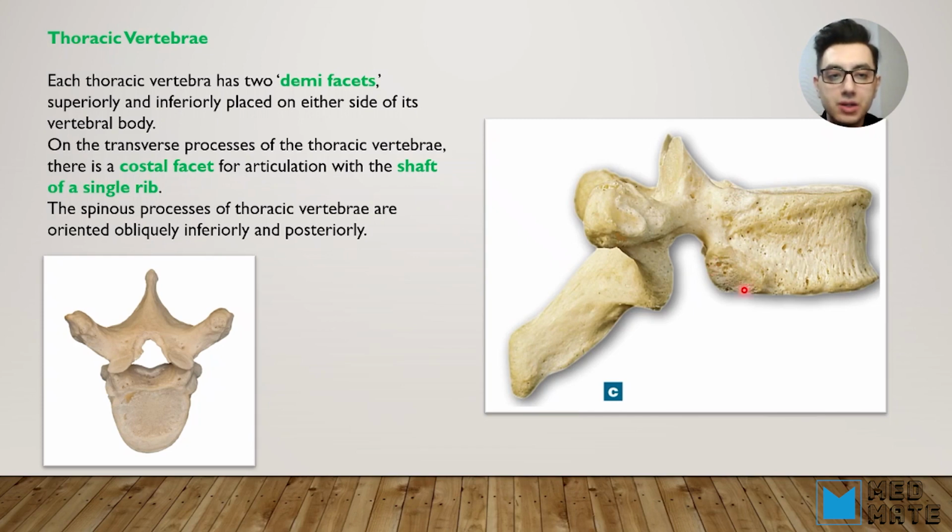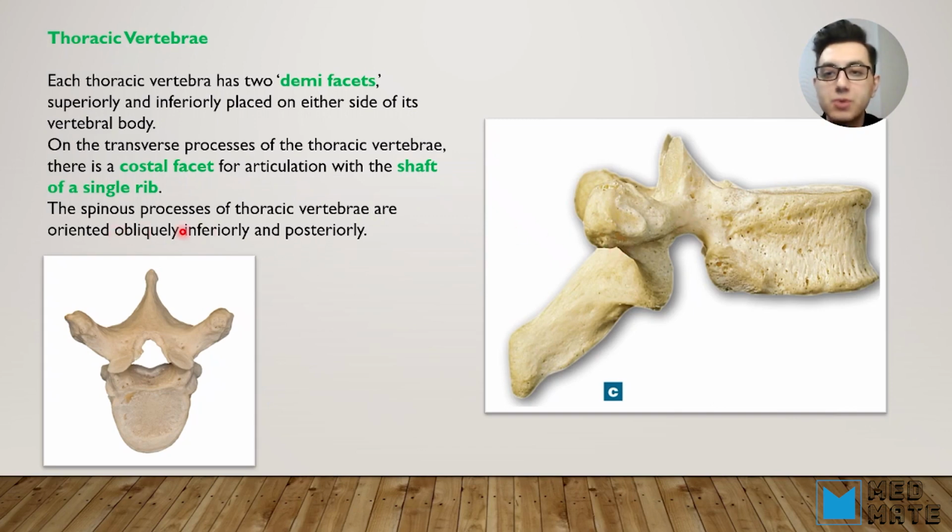Now, inferior costal demifacet is communicating with another thoracic vertebrae, and they both together make the facet for the head of vertebrae. There is also transverse costal facet, which is joined together with the shaft of the rib.